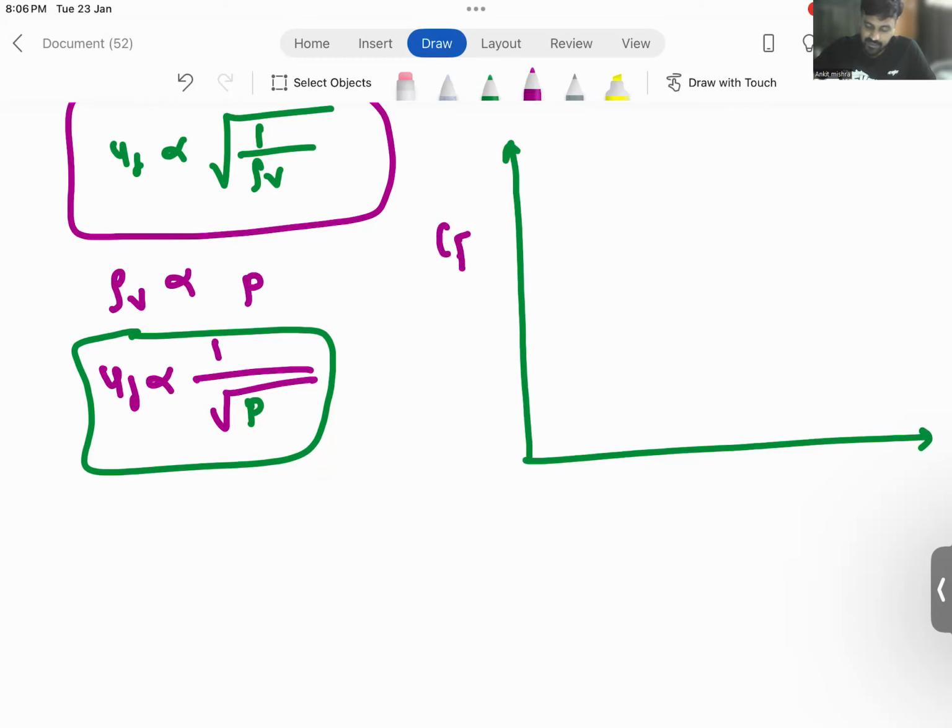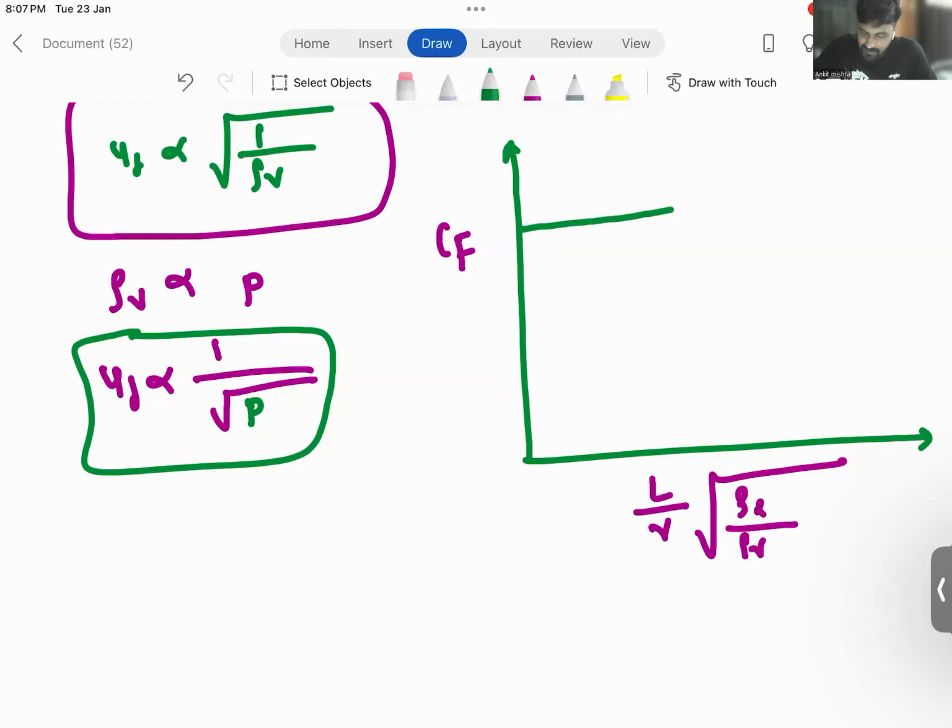Sometimes they will give you the graph of CF versus L by V, where L is the volumetric flow rate of liquid in the distillation column and V is the volumetric flow rate of vapor in the distillation column, and this value will be rho L by rho V. If you look at a very low pressure, the value of CF will be independent of pressure.